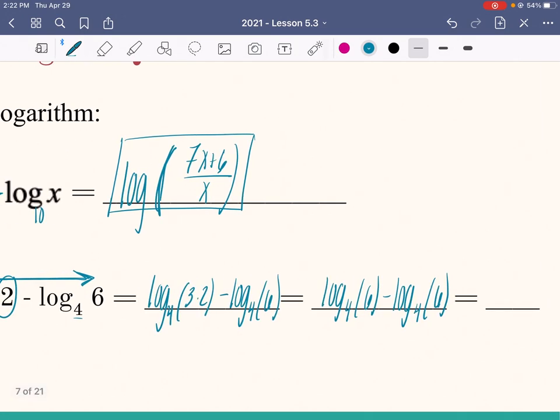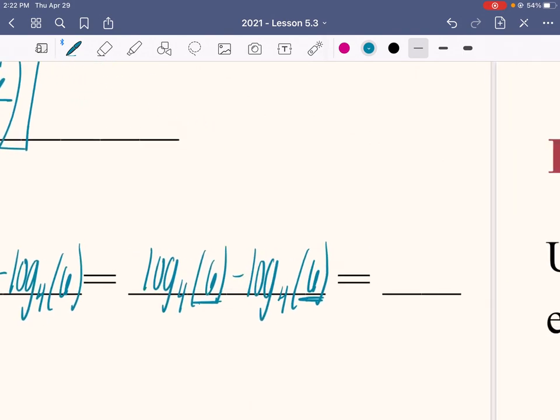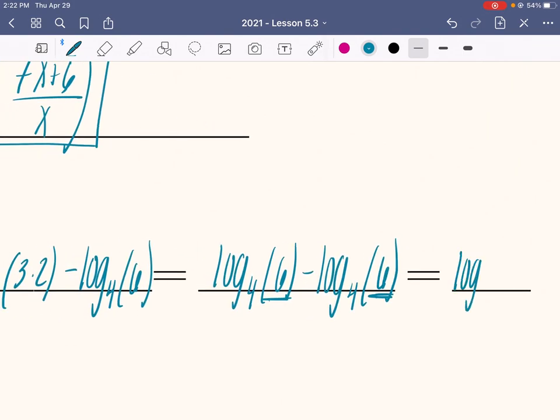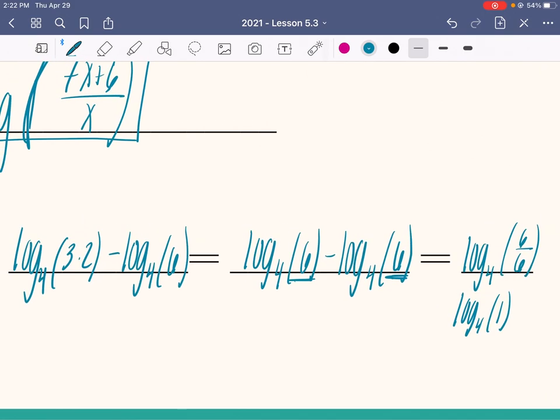Or if we were combining this using the quotient property, we could rewrite this as log base 4 of 6 divided by 6, which is log base 4 of 1. And this is one of our other properties, which says anytime you've got 1 right here as the number you're taking the logarithm of, that means your exponent's going to be 0, because 4 to the power of something, or any number to the power of something that gives you 1, has to be 0.